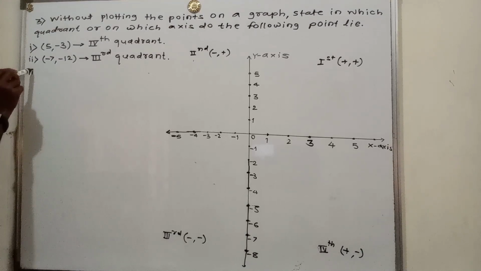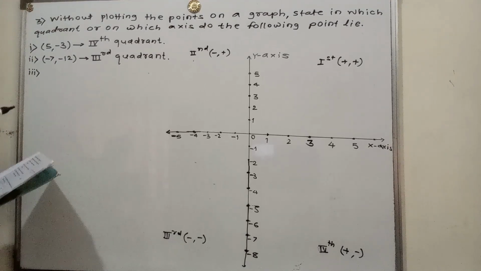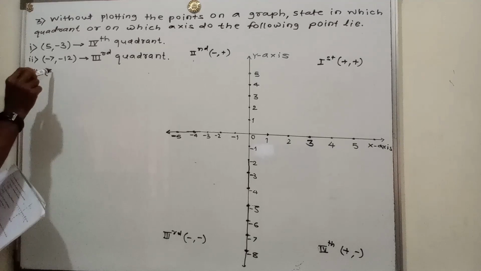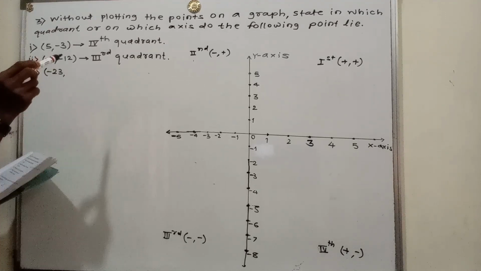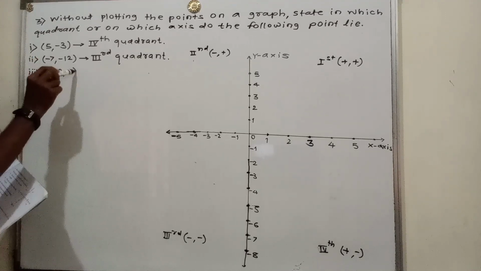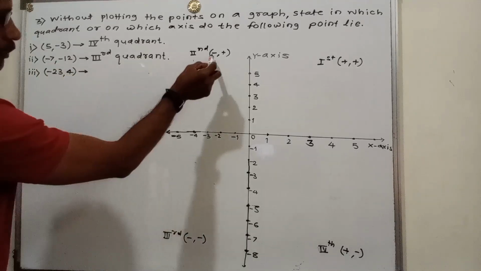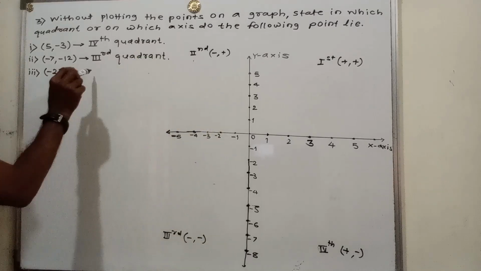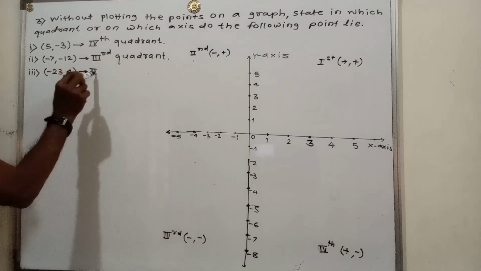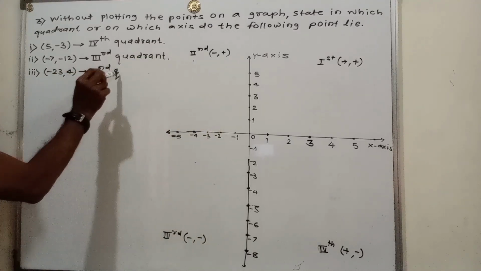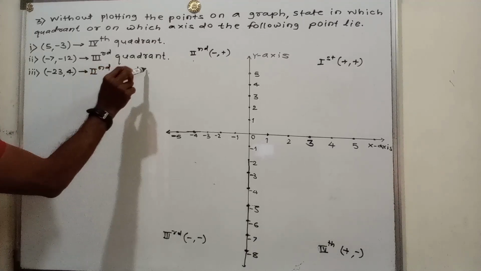Then third one. What is minus 23 and 4. See this, negative, positive. That is second quadrant.